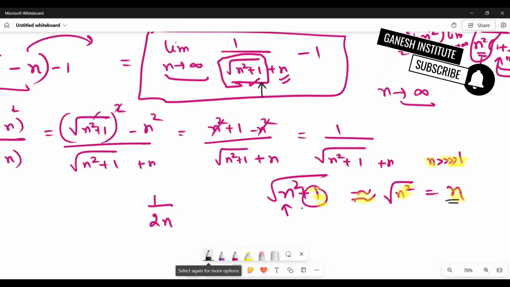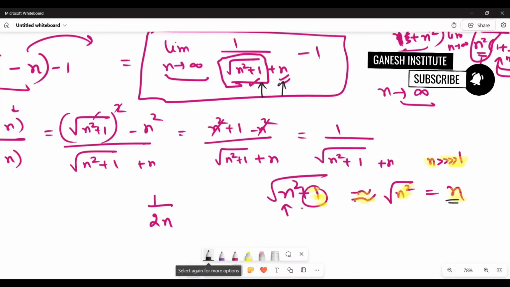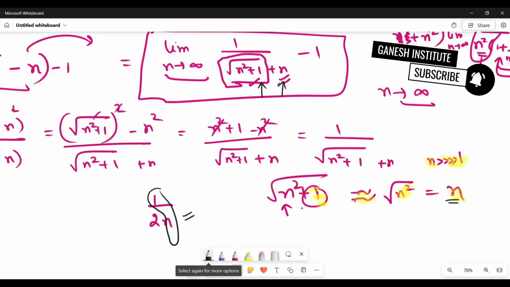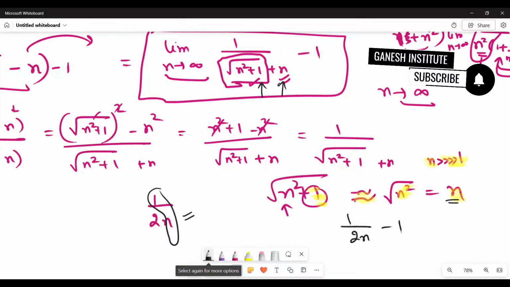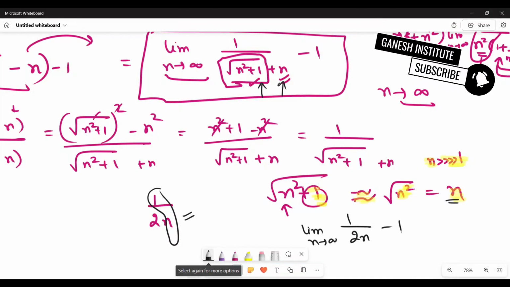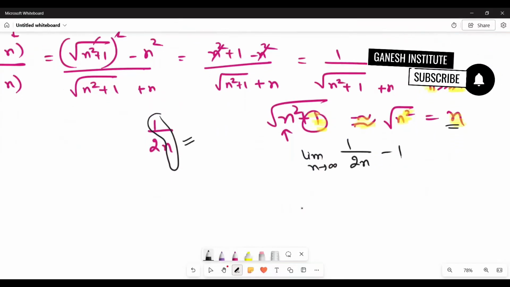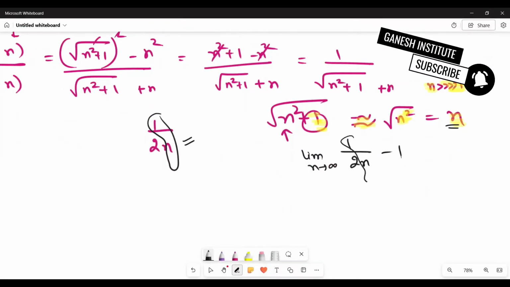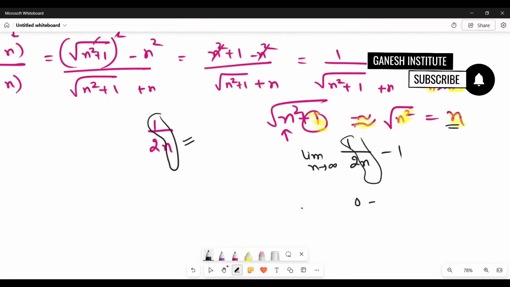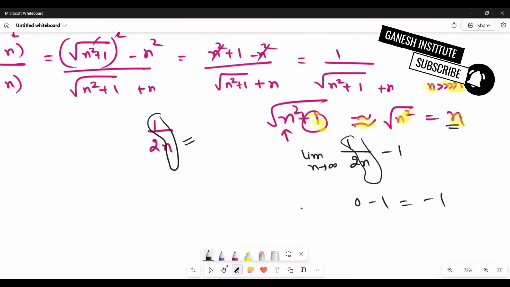And when I substitute n back, n plus n is what? 2n. Is this fine? Yes. Now if you substitute, the question has become 1 by 2n minus 1. And now you can easily and freely substitute n as infinity, because 1 by infinity is 0. So the answer is -1. Is this fine?